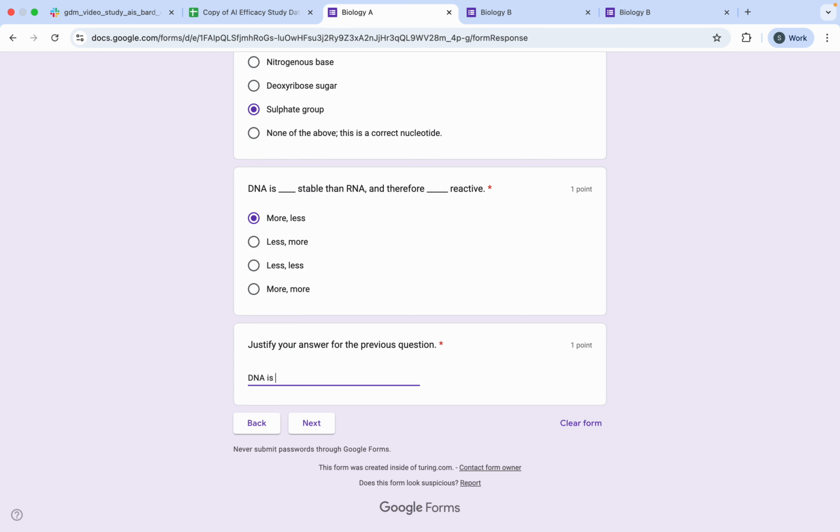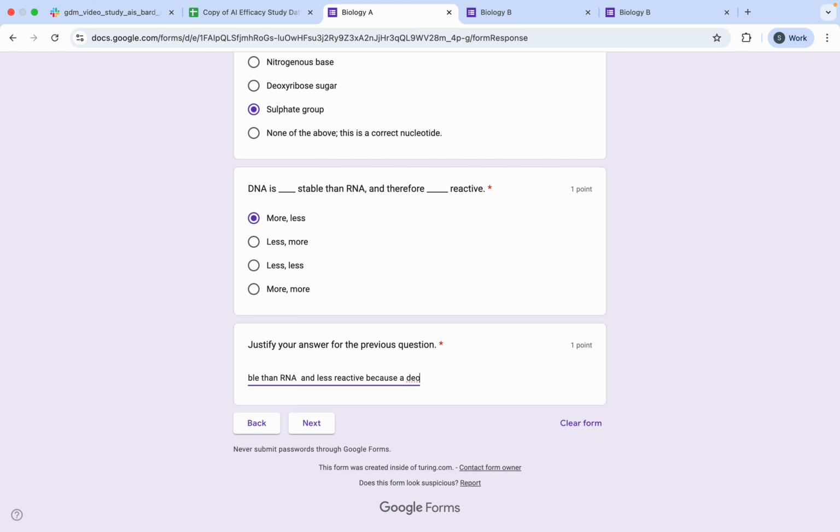DNA is more stable than RNA and less reactive because of this deoxyribose sugar.